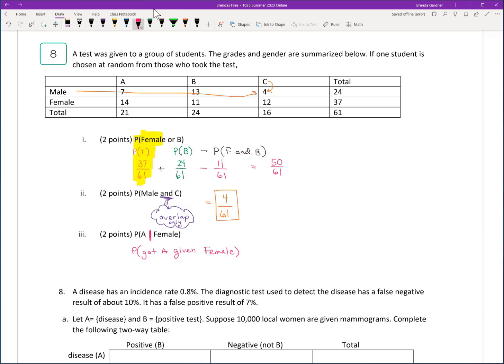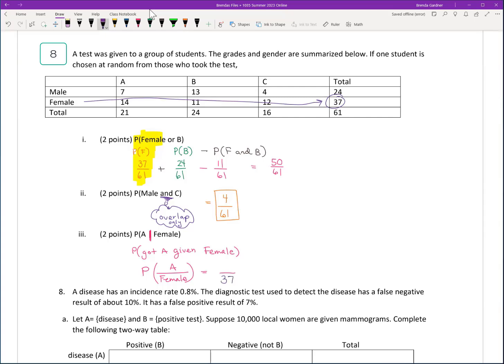The number of females is going to be my bottom denominator. So I'm going to look for how many females there were. And so I see there were 37 looking along the female row. There were 37 total.